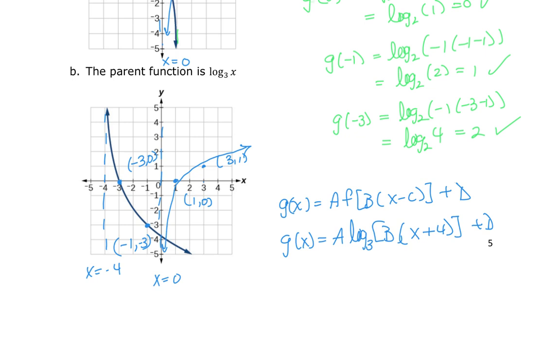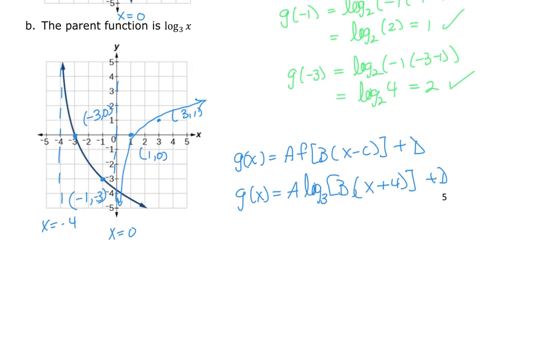Now the telling point is the 1, 0 went to negative 1, negative 3. So I have g of negative 1 is equal to a, the log base 3 of b, and I have negative 1 plus 4.